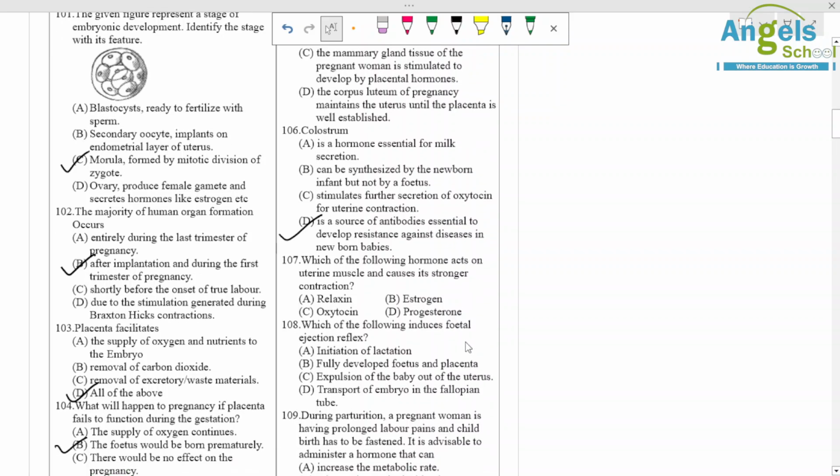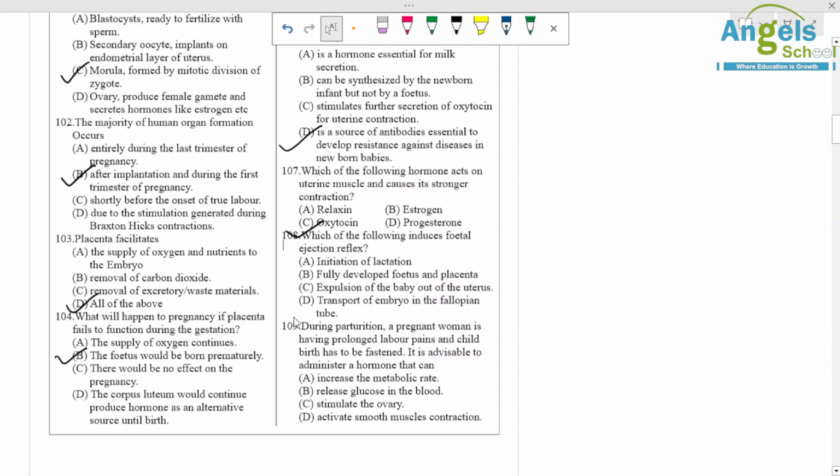Okay, question number 107. Which of the following hormones acts on uterine muscles and causes stronger contraction? So the hormone responsible for this reaction is oxytocin only. So option C is correct. 108. Which of the following induces fetal ejection reflex? So fully developed fetus and placenta give a signal for a fetal ejection reflex.